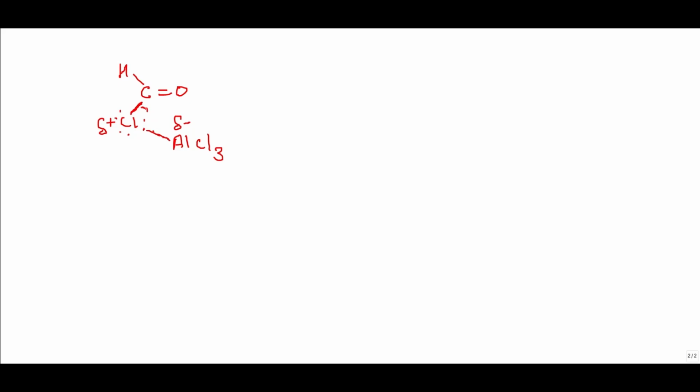So, we can show that these electrons are moving here, forming a stronger bond, and then electrons present on oxygen go and form a triple bond with carbon. So, this reaction step produces an electrophile and AlCl4 minus.